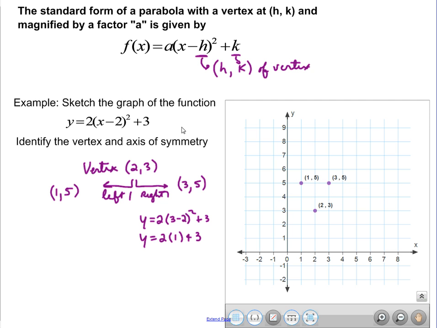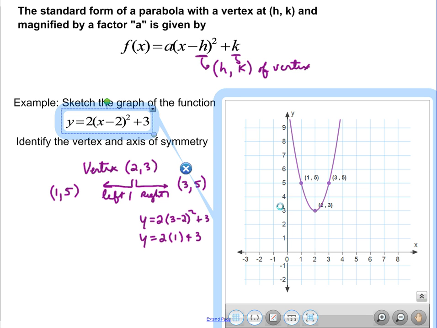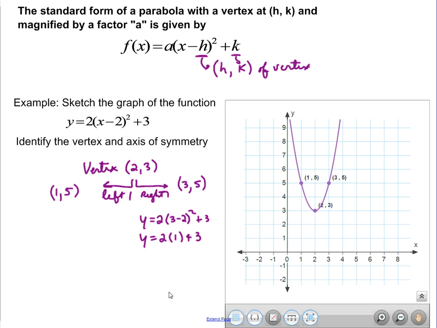Now how does that work for us? Well, if we were to actually take a graph of this function and show it, there it is, passing straight through those points. Well, what else do we know about this graph? We know where the vertex is. The axis of symmetry is the vertical line that passes straight down the center of this graph. So if we plot this axis of symmetry right here, I'm going to highlight it in yellow, probably not very easy to see in the graph, but you can sort of see.